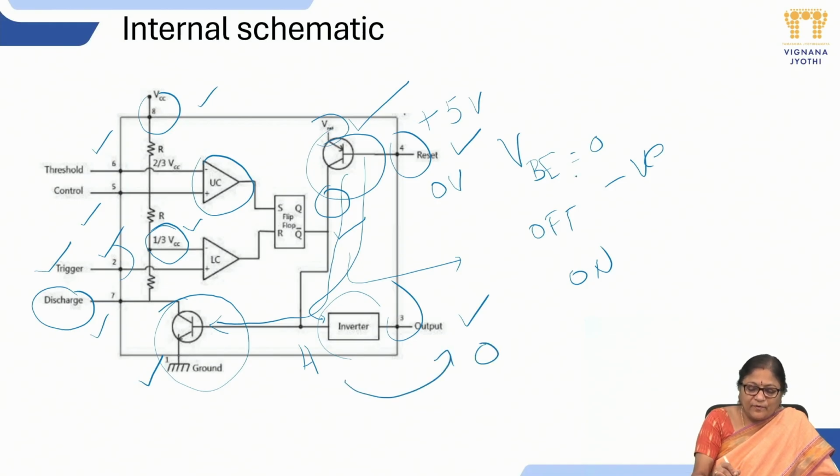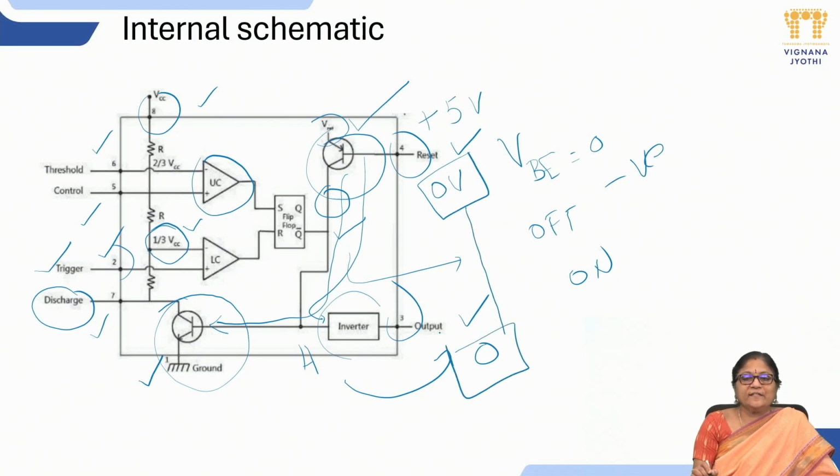That is, when you provide the reset pin 0 volts, it makes your 555 timer output 0. Hence, its functionality is, if you don't want to reset the 555 timer, you have to connect this reset pin to 5 volts. Otherwise, if you connect 0 volts, it is going to reset your 555 timer. So that is the reset advantage.